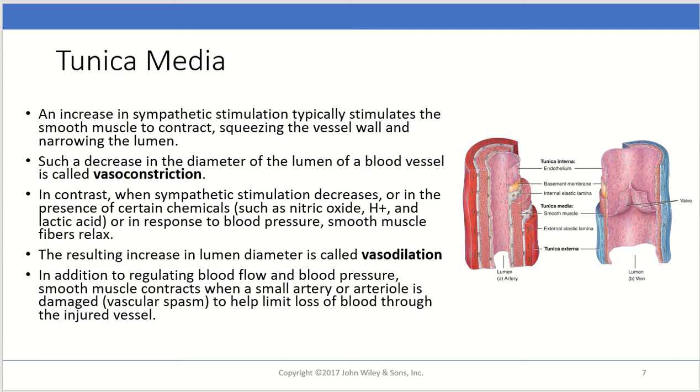So we're dilating the blood vessel, essentially. In addition to regulating blood flow and blood pressure, smooth muscle is going to contract when a small artery or arteriole is damaged. This is called vascular spasm, and this is going to help limit the loss of blood through that injured vessel. So it's going to help seal that off a little bit.